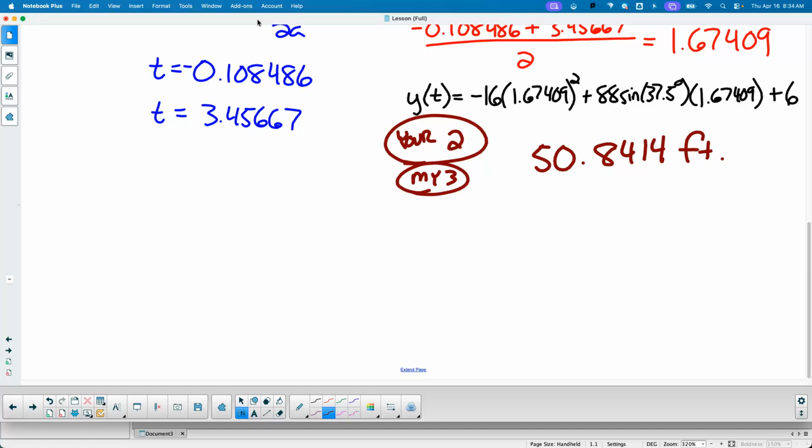Okay? Then it asks how far away was that maximum height.